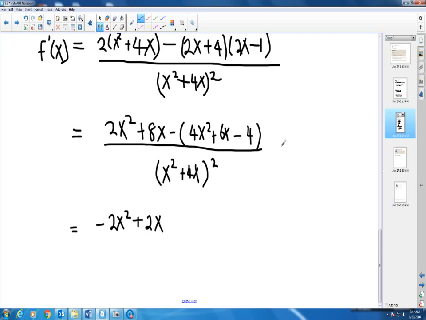And negative 1 times negative 4 makes that 4 a positive, coming out of the parenthesis, whole thing over x squared plus 4x, whole thing squared. Alrighty, and there's the answer. Alright, that's quotient rule.